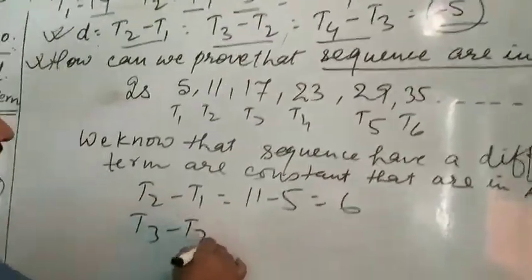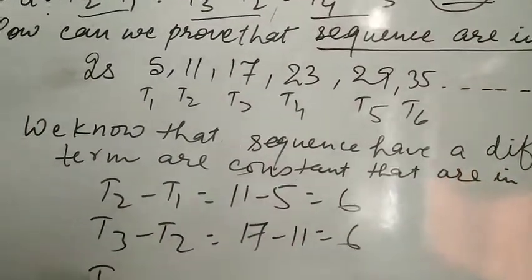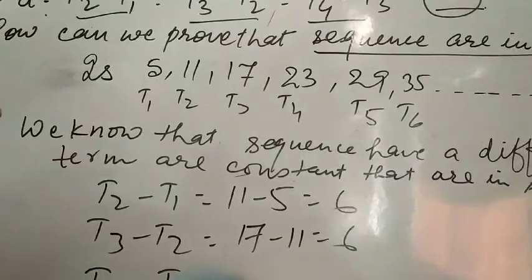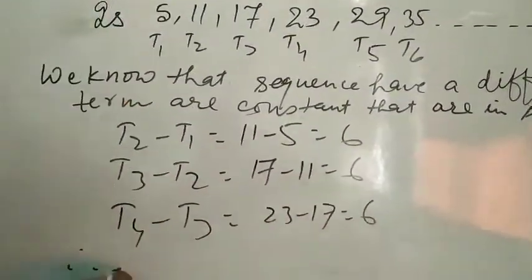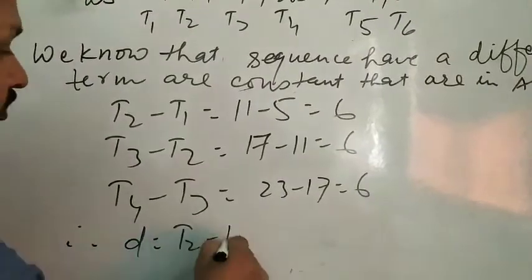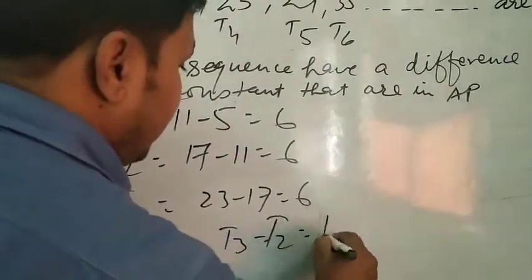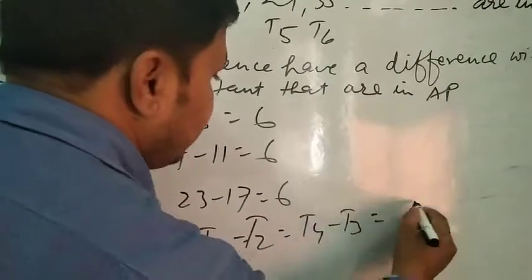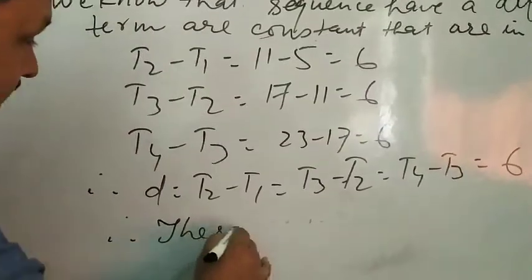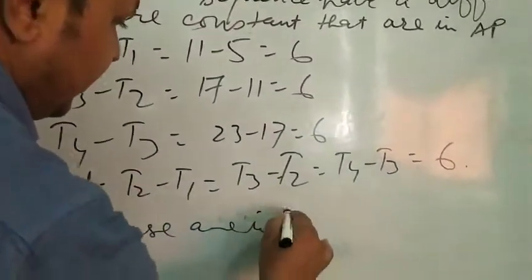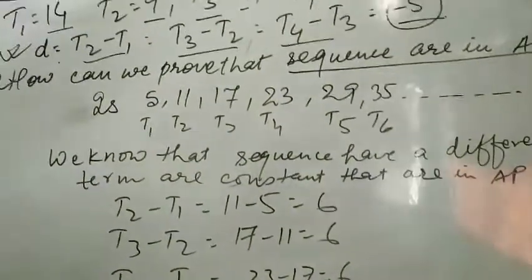T3 minus T2, that means 17 minus 11, got 6. T4 minus T3, that means 23 minus 17, we got 6. So D equal to T2 minus T1 equal to T3 minus T2 equal to T4 minus T3 equal to 6. So these are in AP.